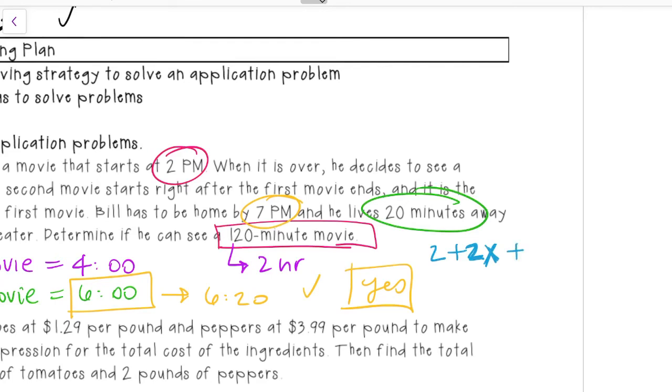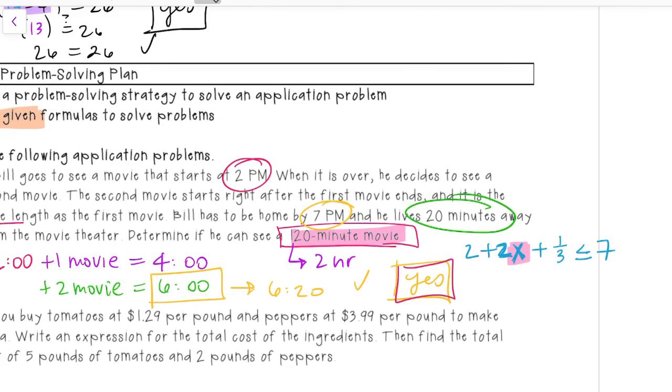And then plus his 20-minute commute, but everything's in hours right now. So 20 minutes is a third of an hour. And that needs to be less than or equal to 7 p.m. So then we could test X equals 120 minutes or 2 hours, whichever. But either way, we're going to find out, yep, he sure can see that movie.